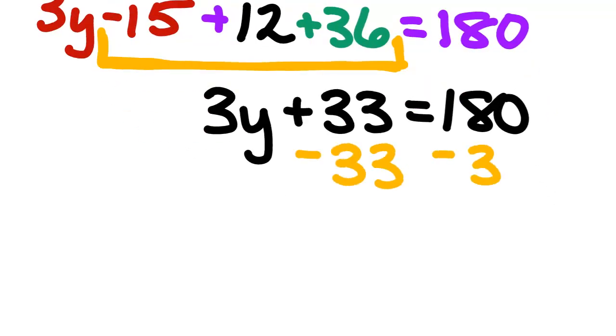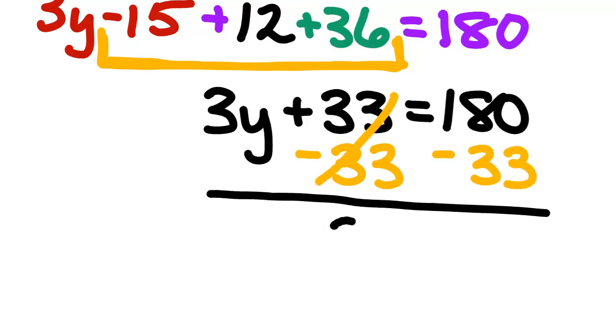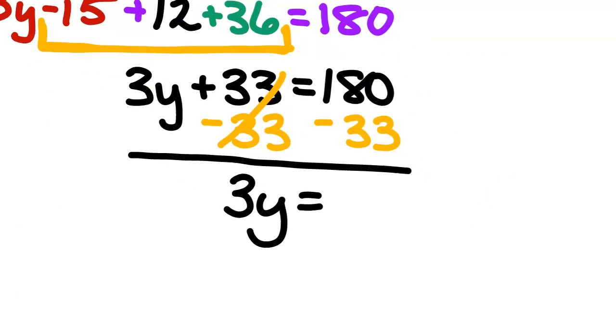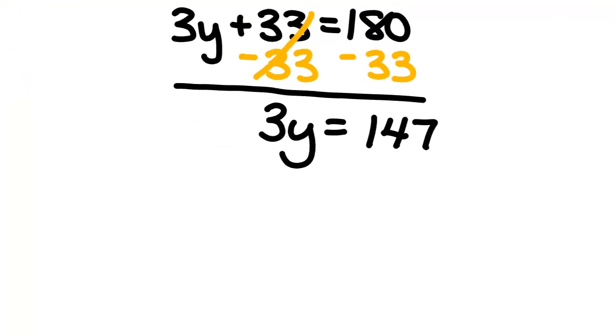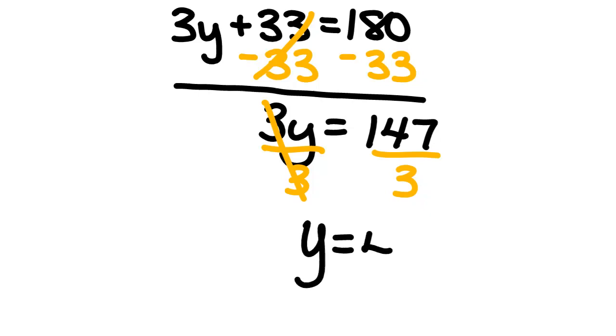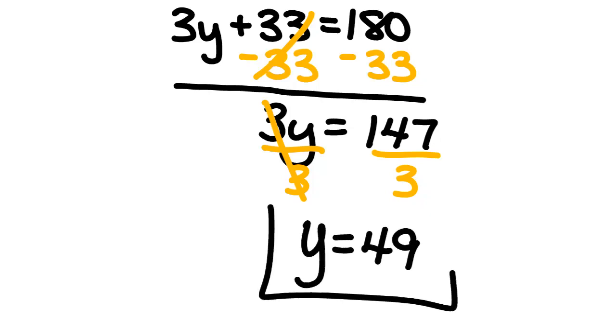I subtract 33 from both sides. What is 180 minus 33? 147. Divide both sides by 3. 49. Y equals 49. Nice work.